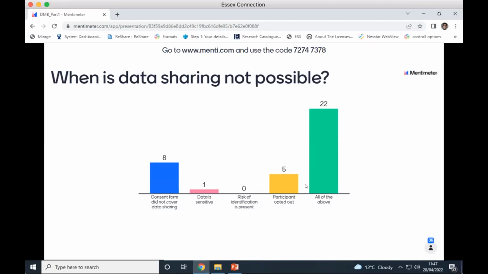Consent form should cover data sharing, and participants should give their consent for that to happen. However, there is still a possibility of obtaining retrospective consent, right? So even if the consent form did not cover data sharing, then there is still an option there to share that data if retrospective consent is possible.